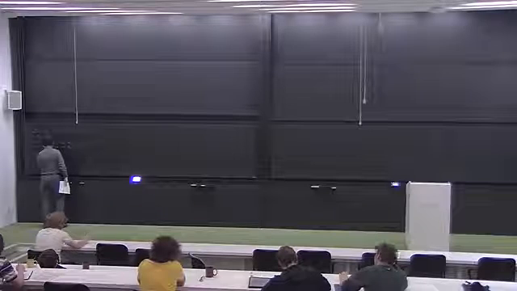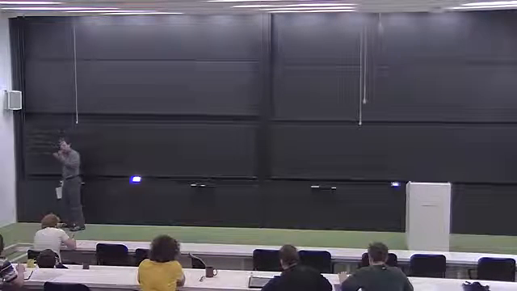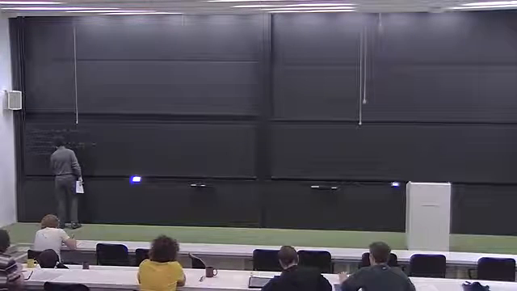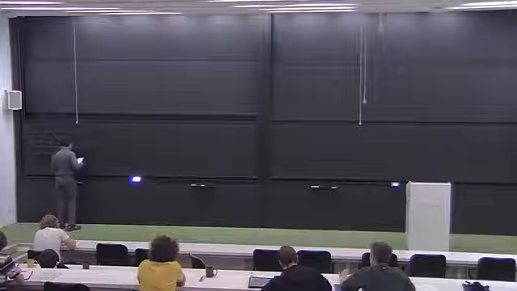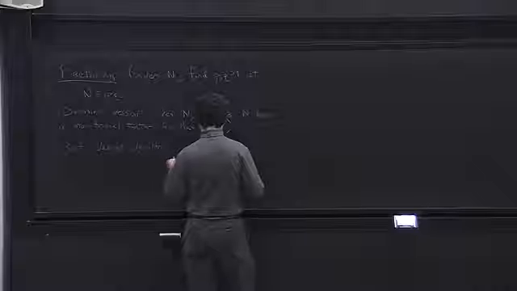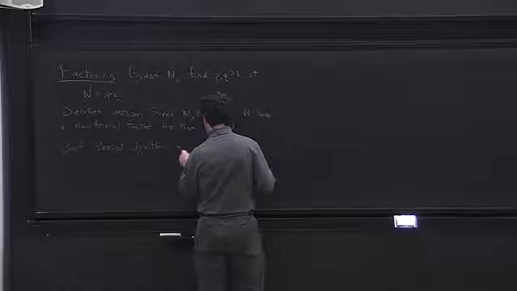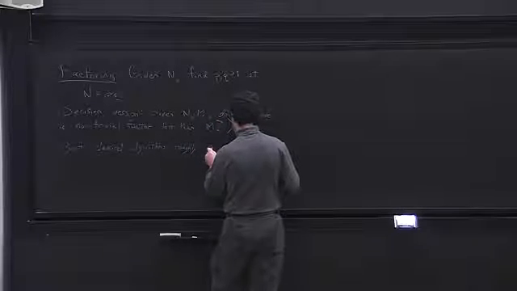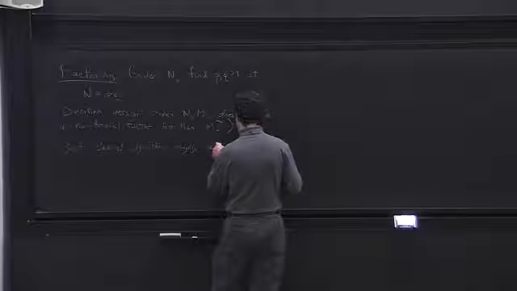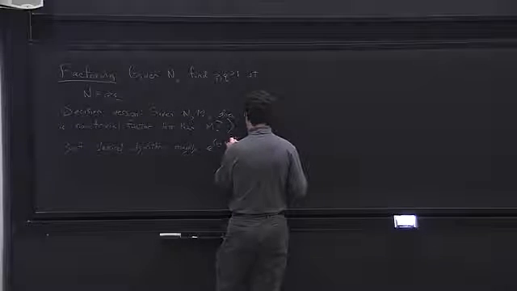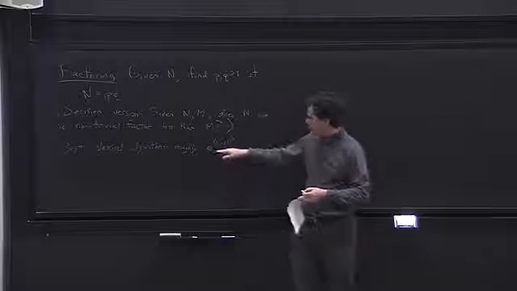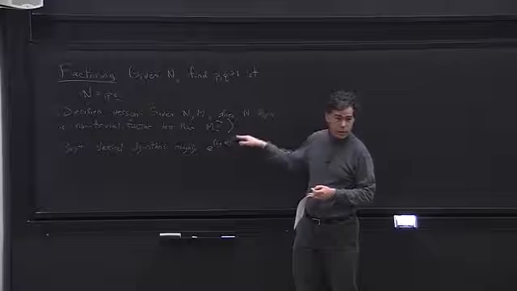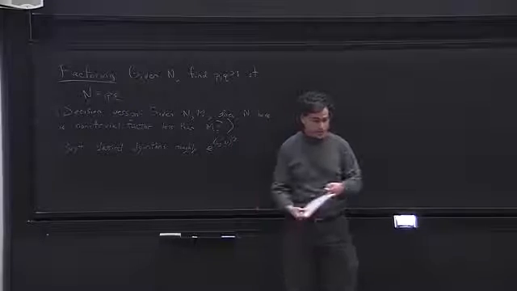The best known algorithms use a time that's roughly e to the (log n)^(1/3). Okay, so this is not quite exponential in log n, but it's certainly super polynomial. It's called sub-exponential time.